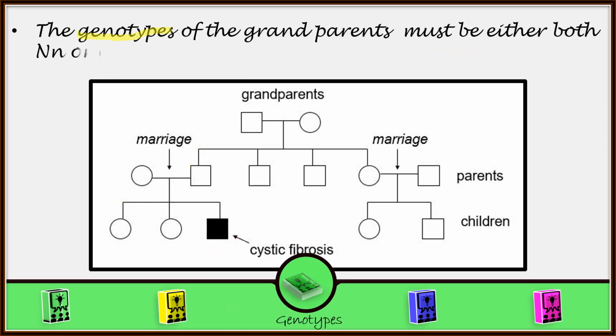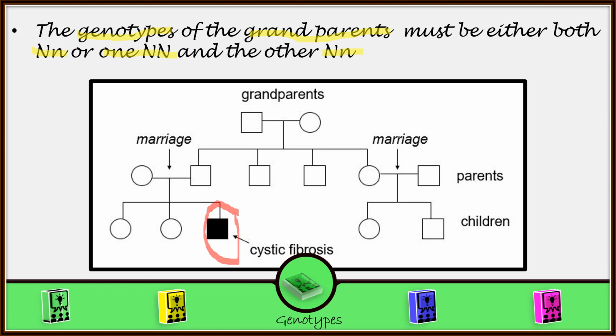The genotypes of the grandparents must either both be capital N, small n, or one is capital N, capital N and the other is capital N, small n, for this condition of cystic fibrosis to appear in their grandchildren.